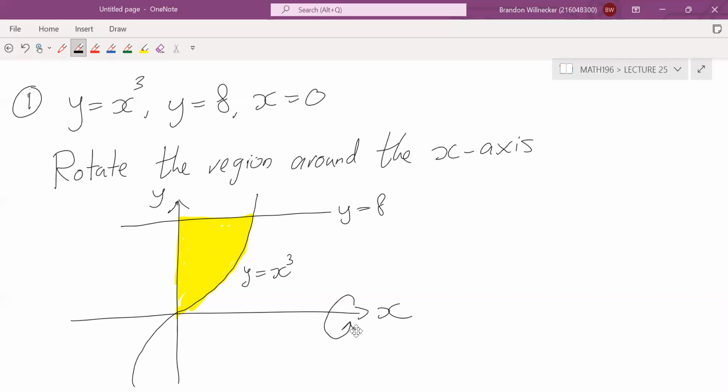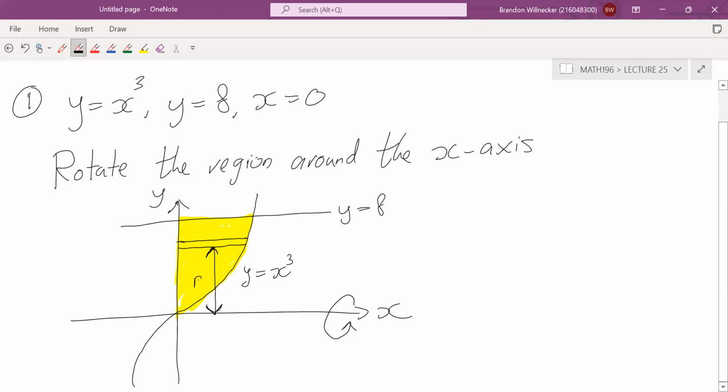Okay, so now we need to find the radius and the height. So let's just draw our vertical rectangle just to get orientated here. So if that's our wall of the shell that's being rotated around, then this distance here is going to be the radius.